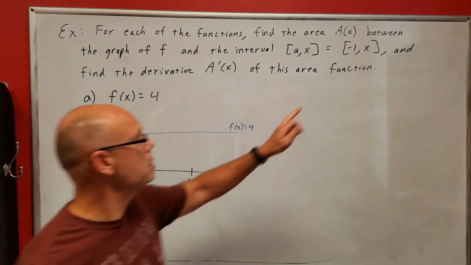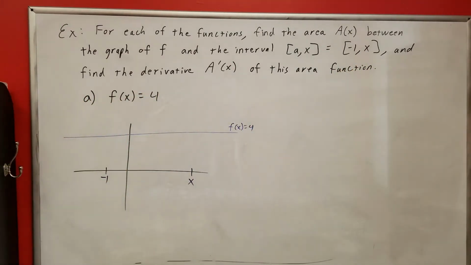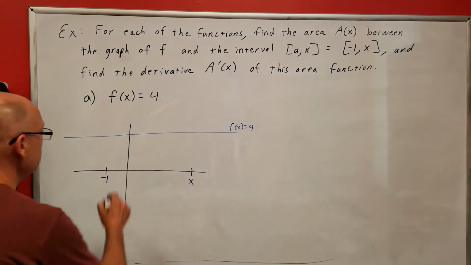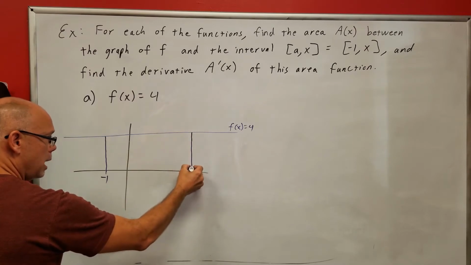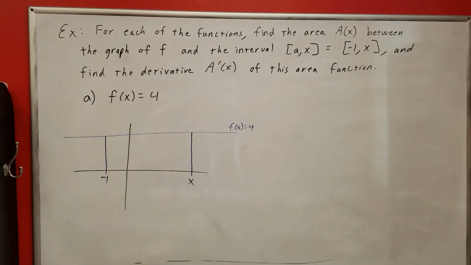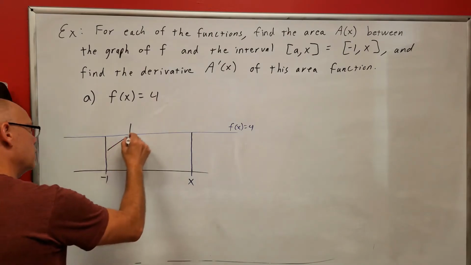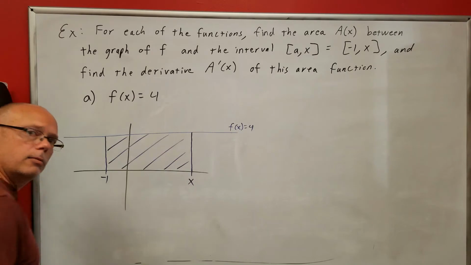It's just x needs to be to the right of -1 because of the way that's written. All right, so now what do they want? They want this area from -1 to x and underneath my curve between the x-axis, okay? So they're looking for us to find this area right here, okay?